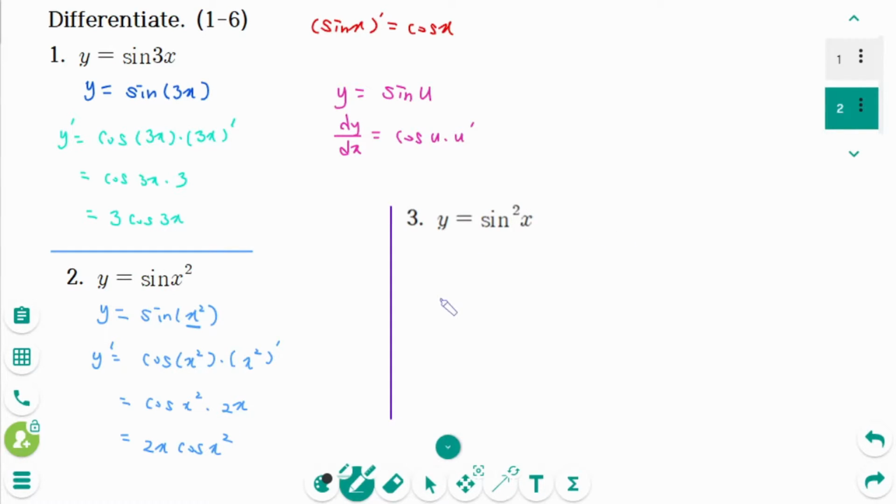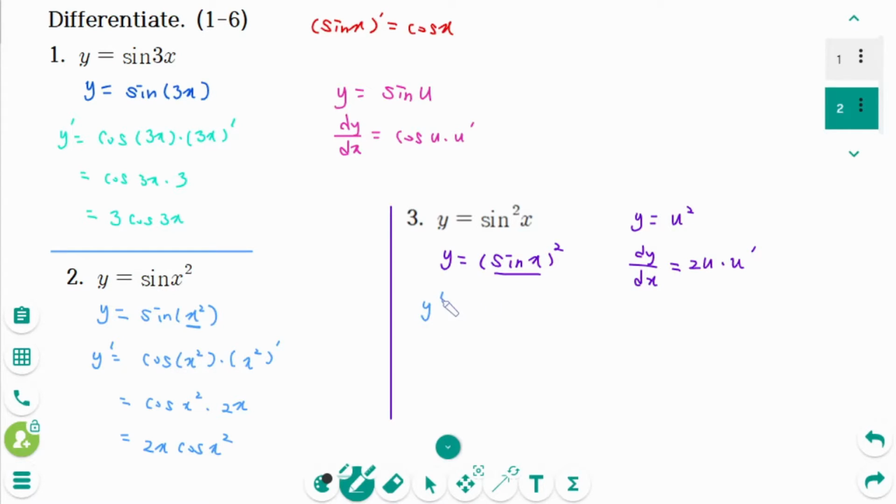Number 3, we can rewrite as y equals (sin x) squared. This might be better and more simple. That means u equals sin x. So you can think of it as y equals u squared. Then dy/dx equals 2u times u prime. So y equals u squared.